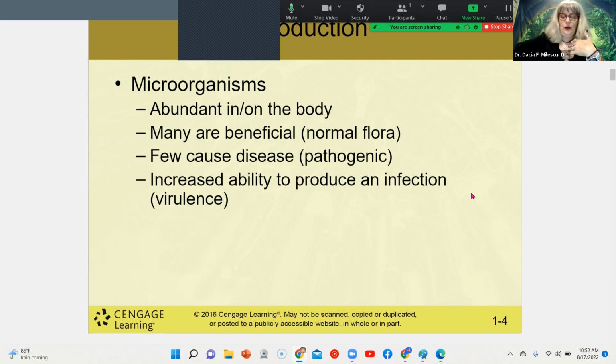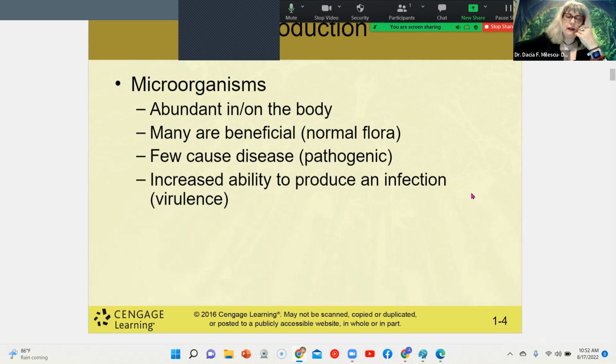And that's why we eat yogurt with natural cultures of bacteria that keep us healthy, or we take it in capsule form that we keep refrigerated, so that we can repopulate that flora in the gastrointestinal tract for our benefit.